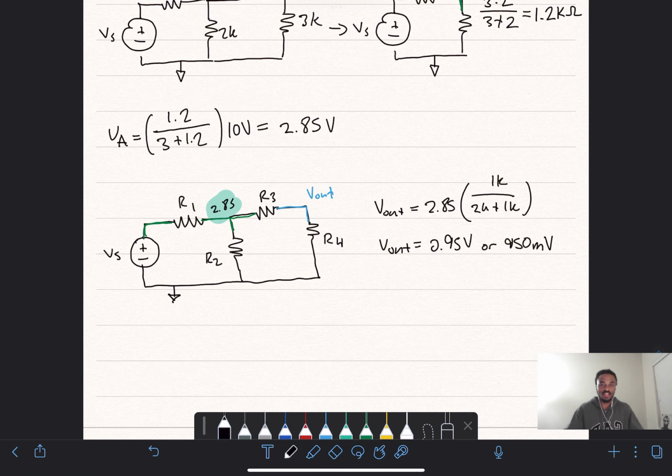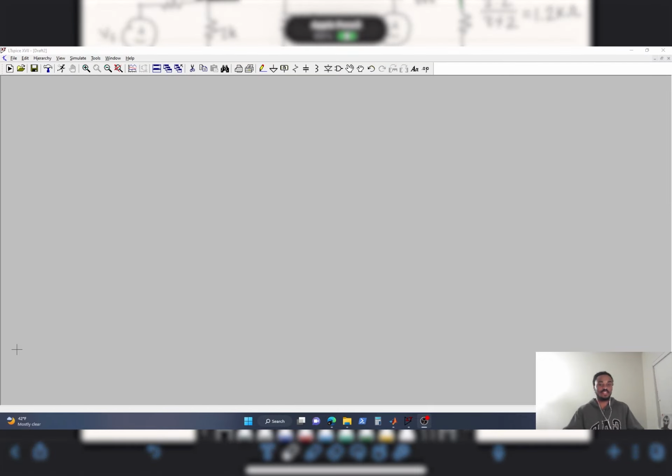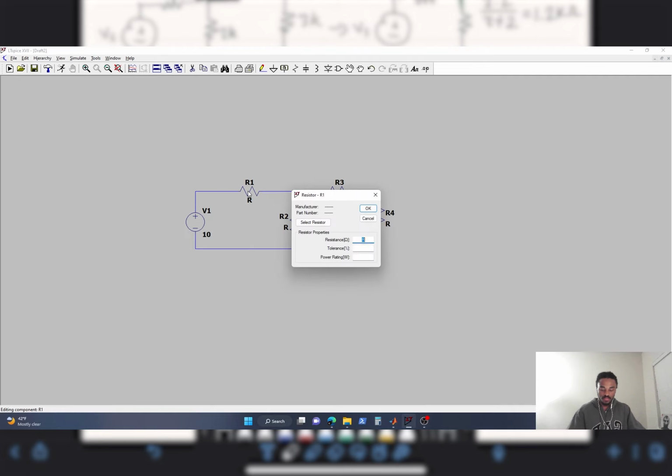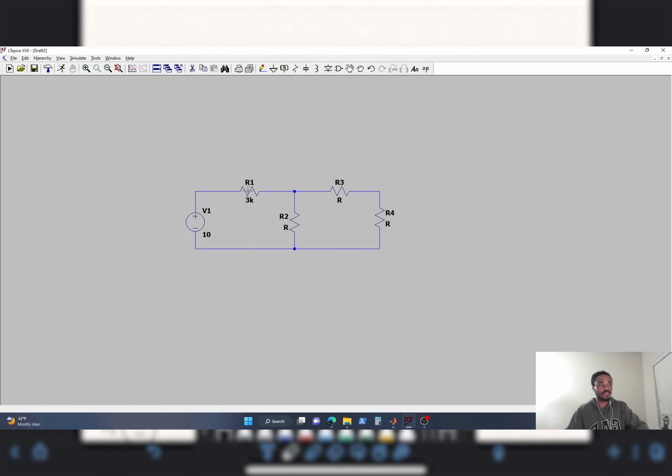And then we can quickly confirm this using LTspice, because it's always good to double check the answers. Come in here and make a quick little schematic, and then run a DC operating point simulation. Our component values: R1 was 3K.